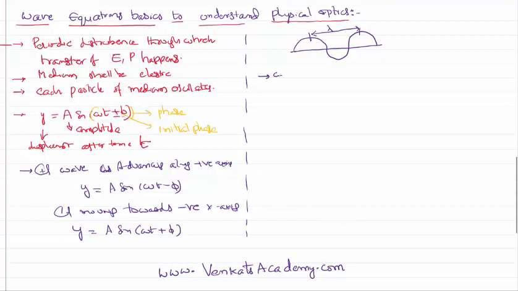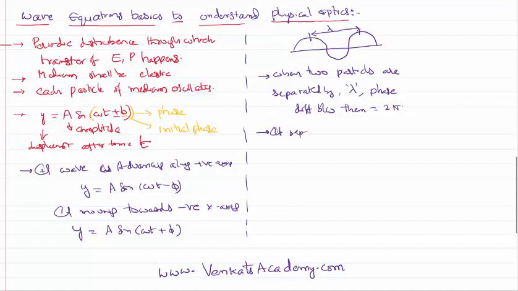So we can say in wave motion, when two particles are separated by wavelength lambda, being in the same phase, the phase difference between them is 2 pi.